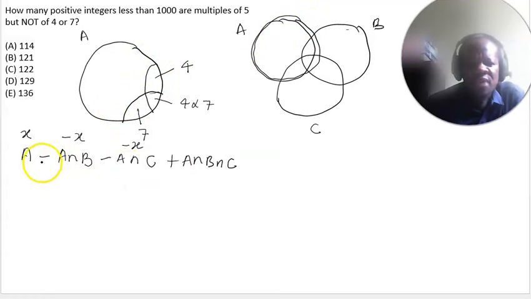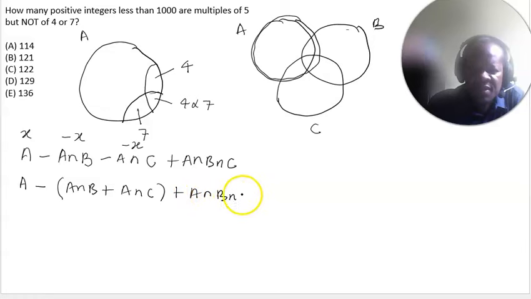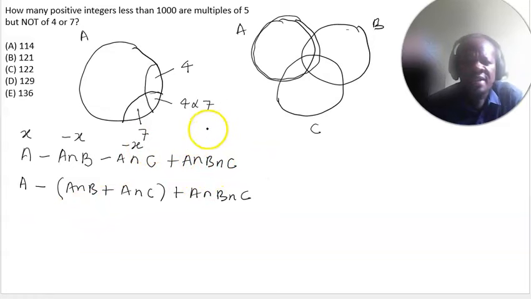Okay, so now this one becomes A minus A intersection B, minus A intersection C, plus A intersection B intersection C. So now let's begin to plug in the items.